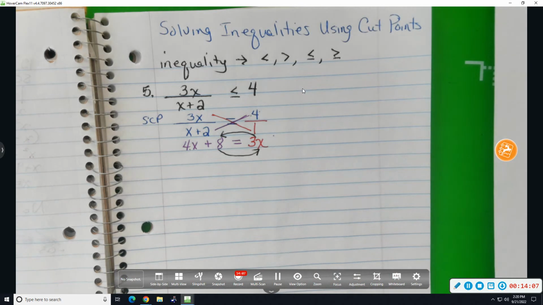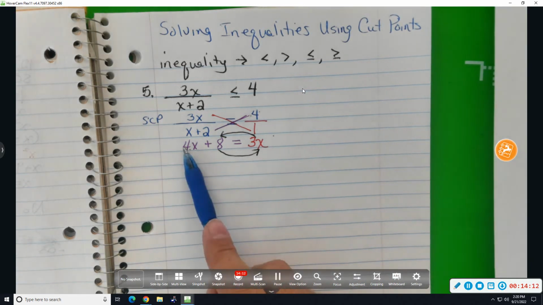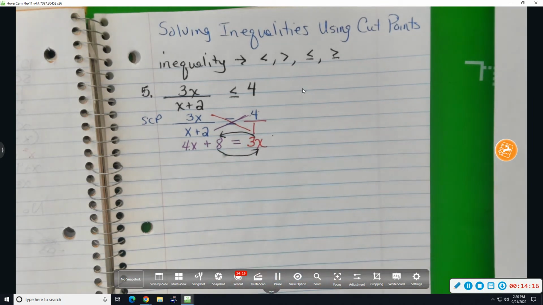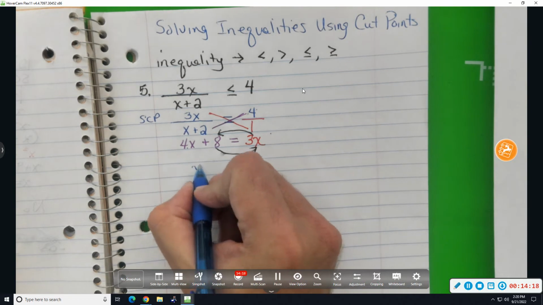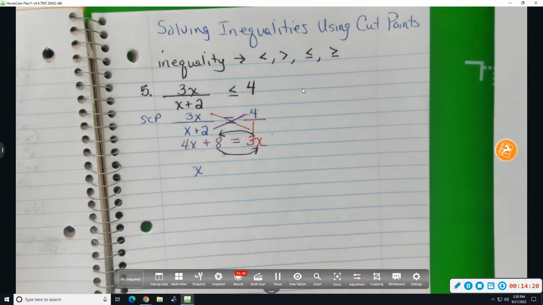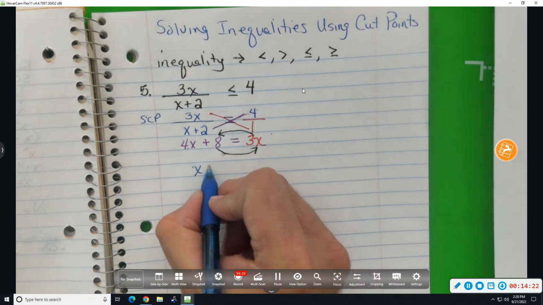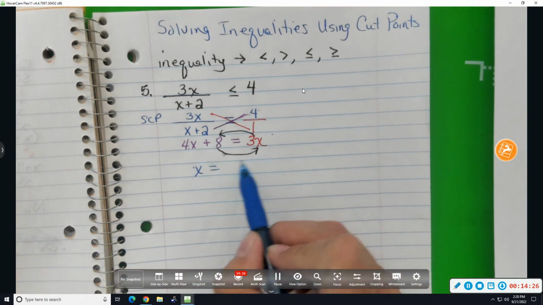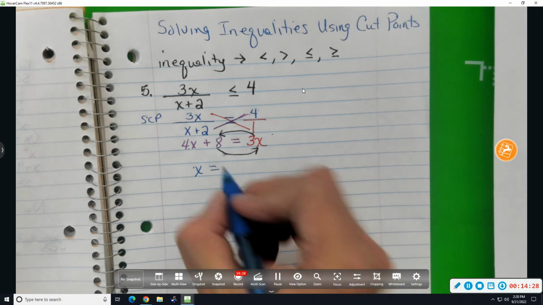Those arrows mean move it over and change the sign. So what would we have? We'd have 4x minus 3x. Is that just going to leave me 1x or x equals, what number will I have on the right-hand side? Negative 8? Okay.